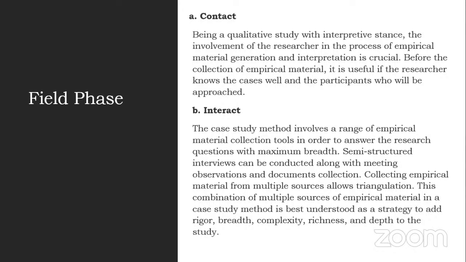Collecting empirical material from multiple sources allows triangulation, where we are able to verify one piece of information from different sources. All right. So this combination of multiple sources of empirical material in a case study method is best understood as a strategy to add rigor, breadth, complexity, richness, and depth to the study.